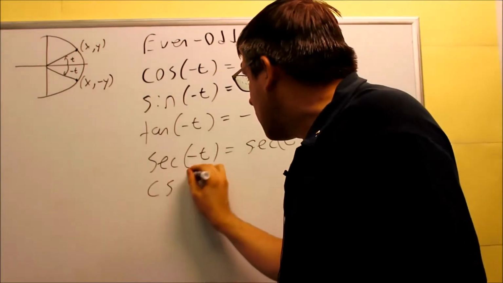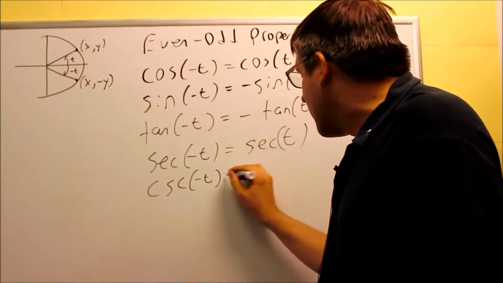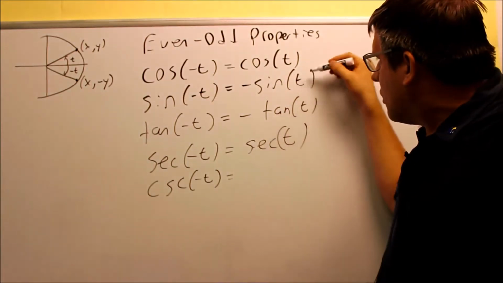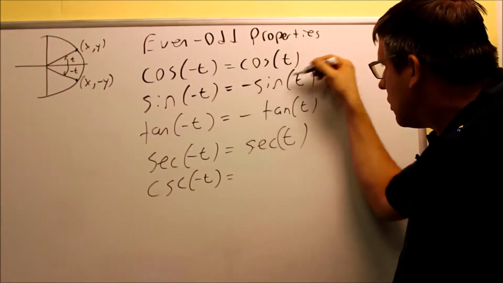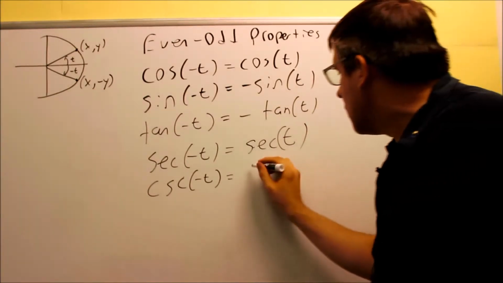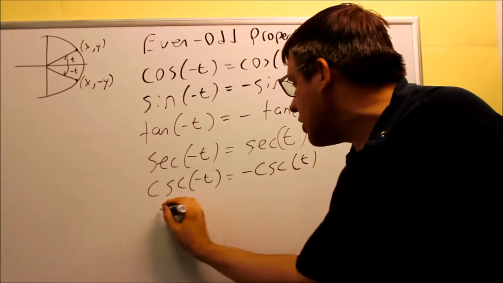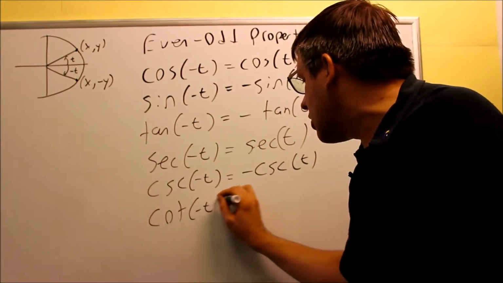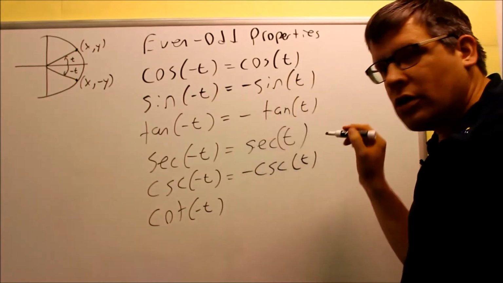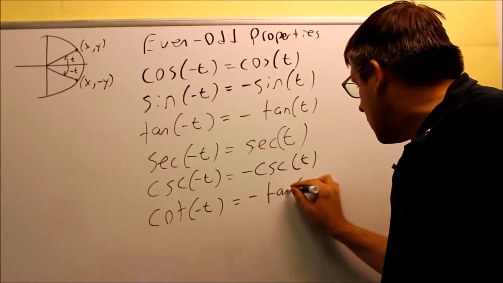If I do the same thing for cosecant negative t, that's going to be the reciprocal of sine, so that's going to be negative cosecant t. And then cotangent is the reciprocal of the tangent one, so that would be negative cotangent t. So here they all are.